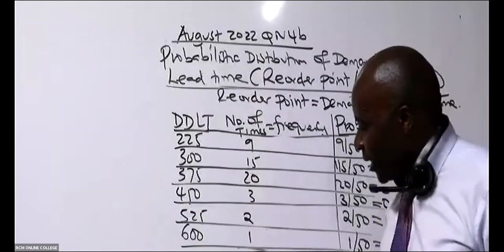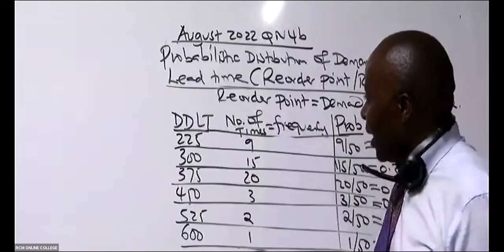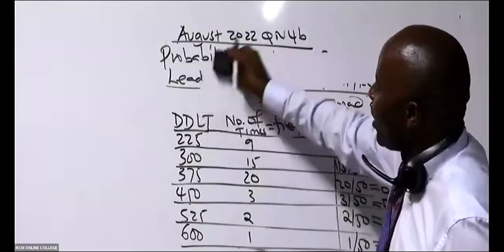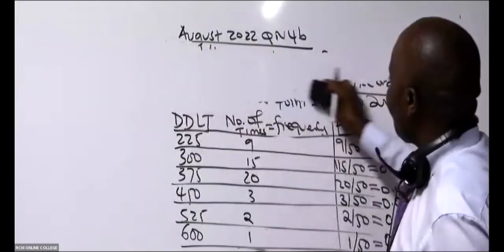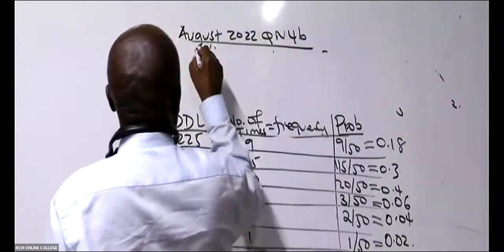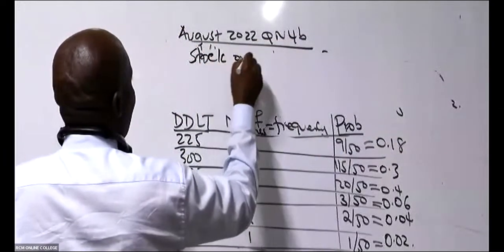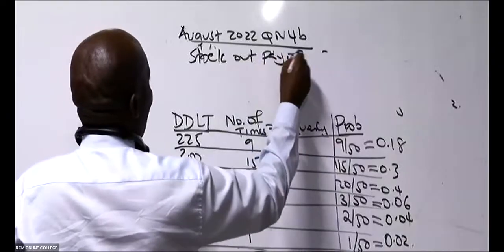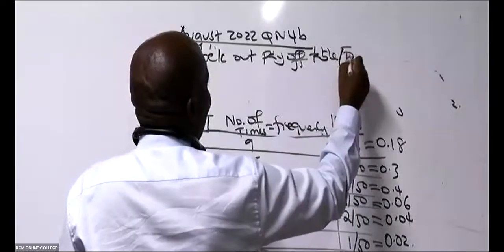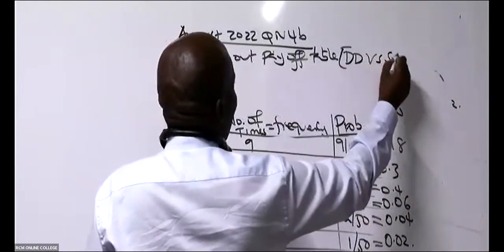Now, once you draw it, ladies and gentlemen, you can go and give us that stock out payoff table, where basically we compare demand versus what here?